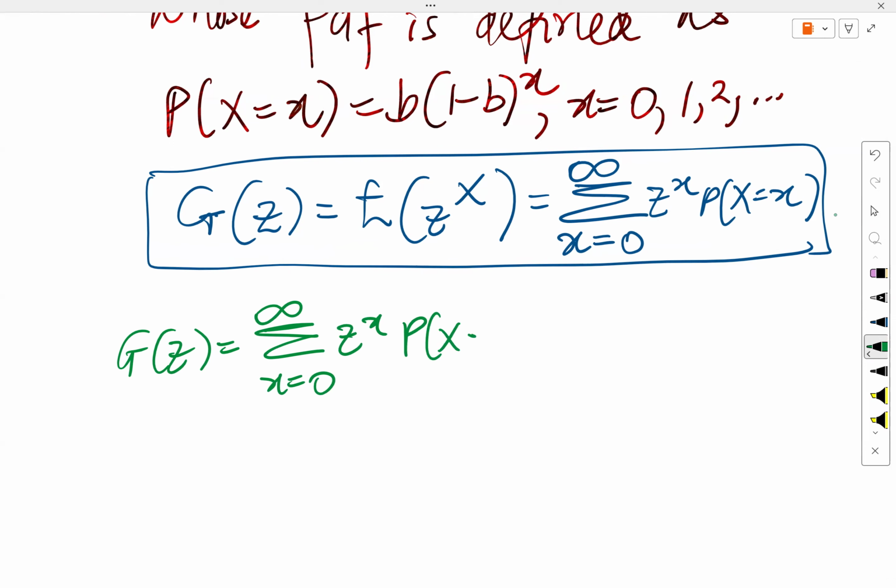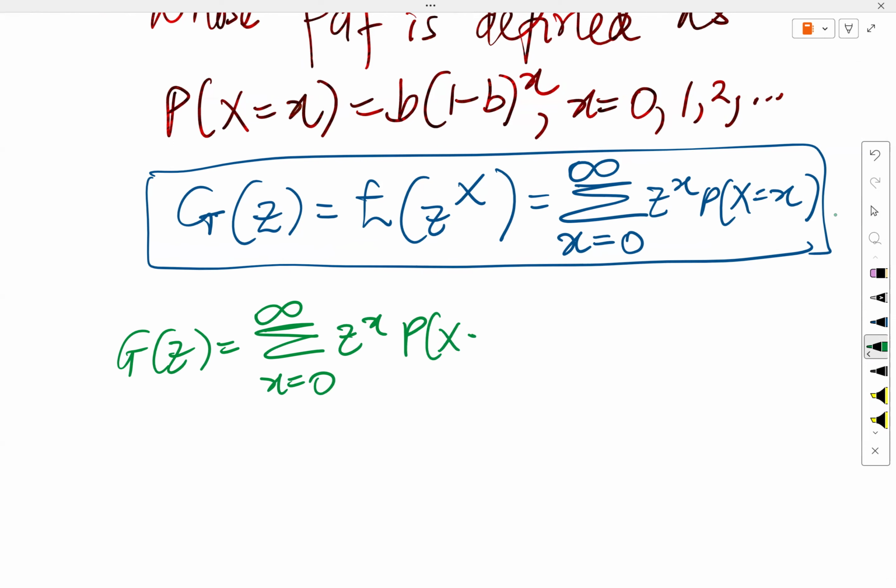We can already see that this is a summation, like a geometric series.